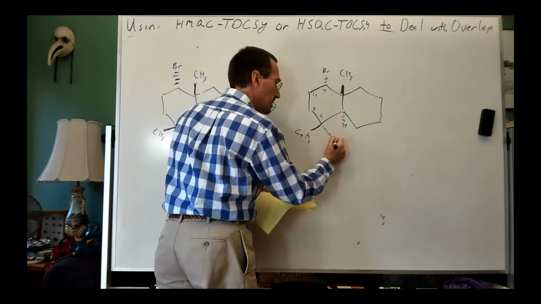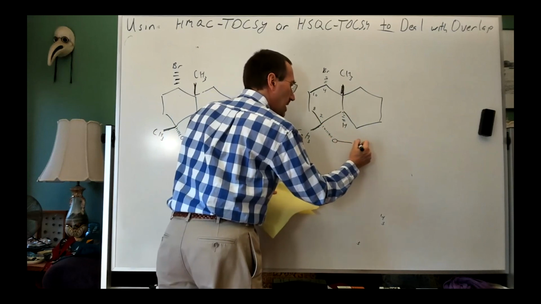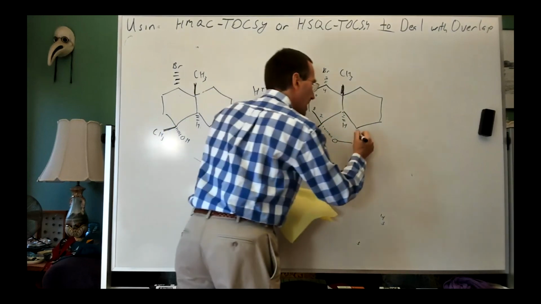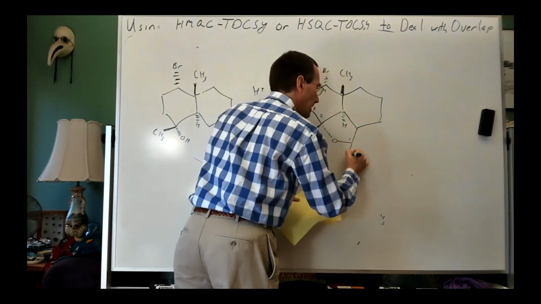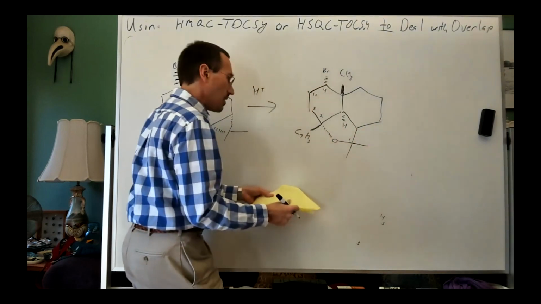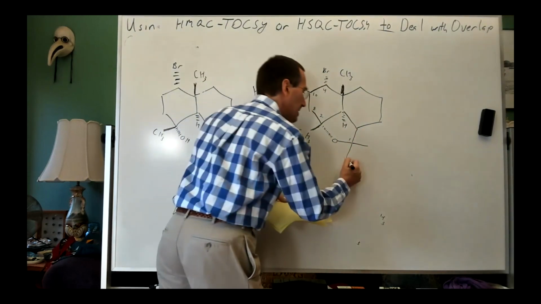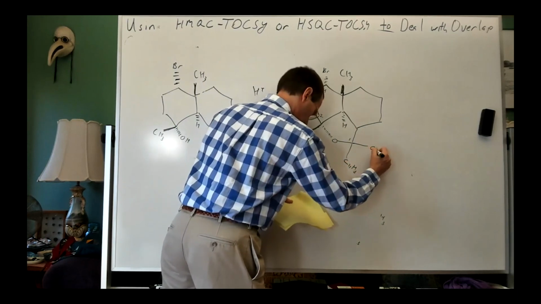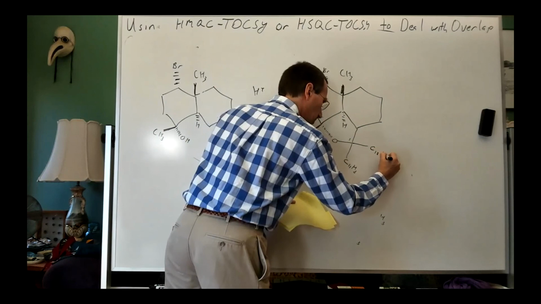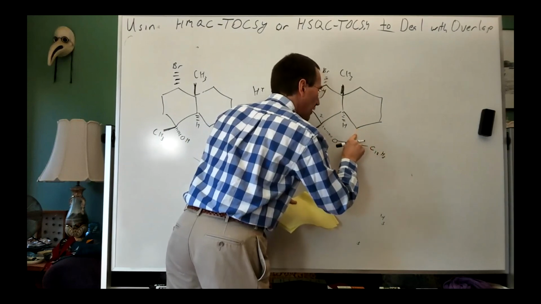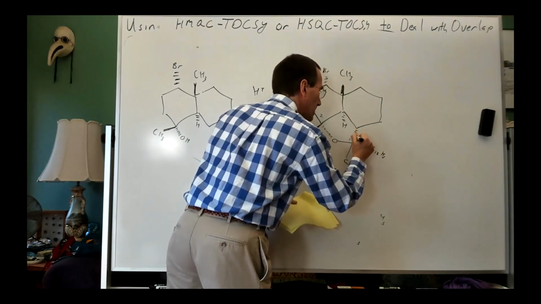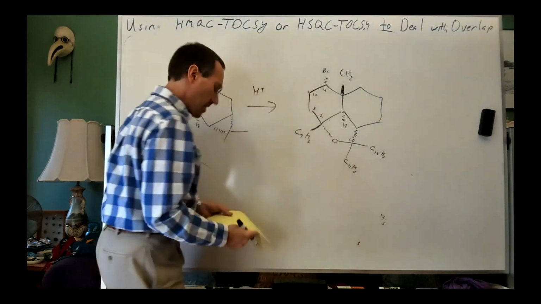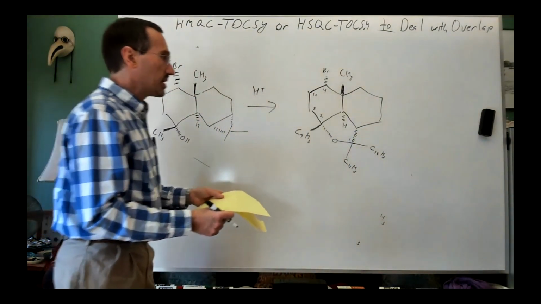Carbon 2 is connected to the oxygen atom. The oxygen atom is connected to carbon number 1. Carbon number 1 is connected to C11H3 and C13H3. We happen to have an endo stereochemistry over here. Again, you wouldn't necessarily know that.